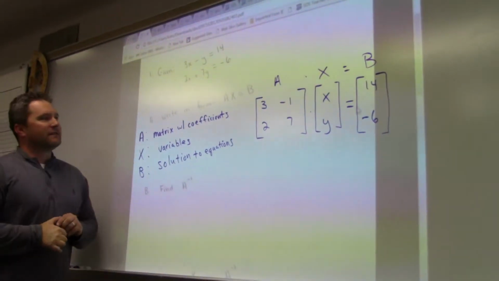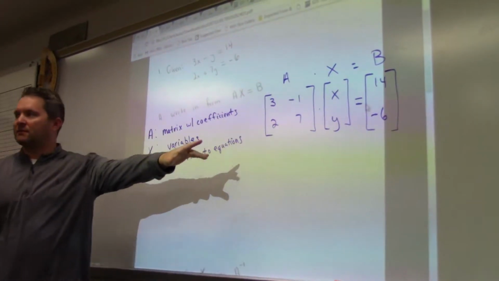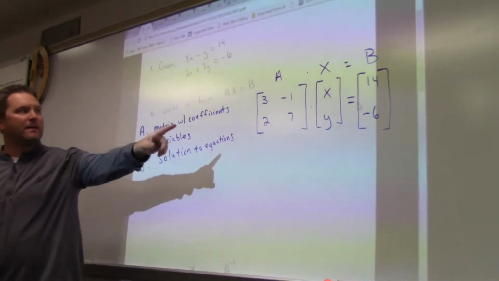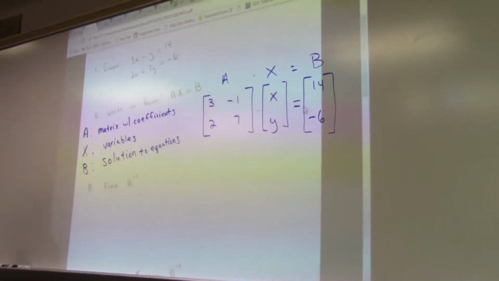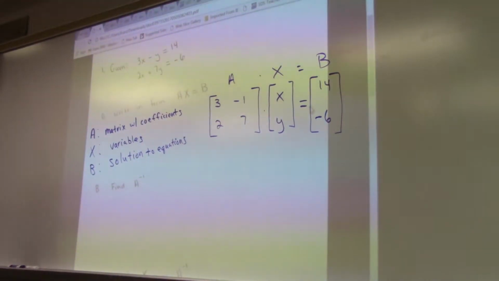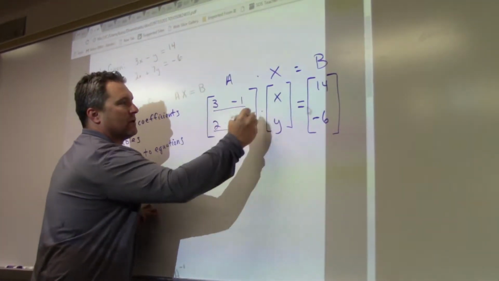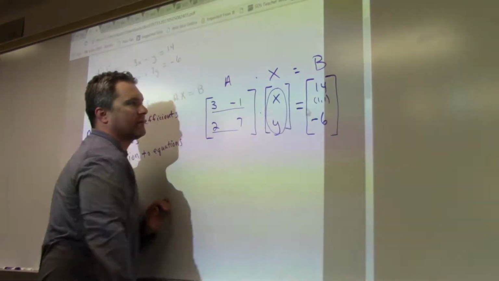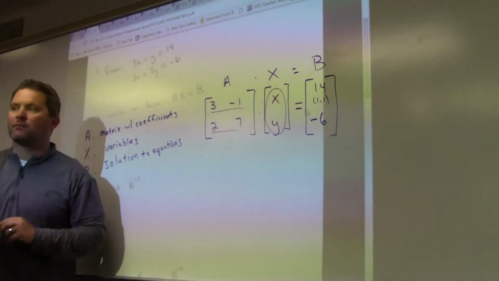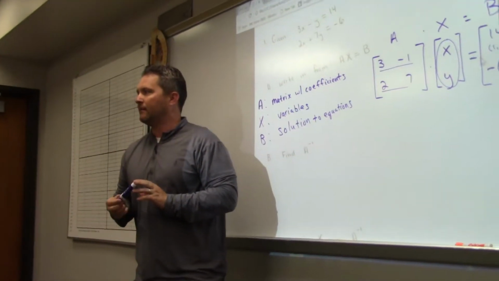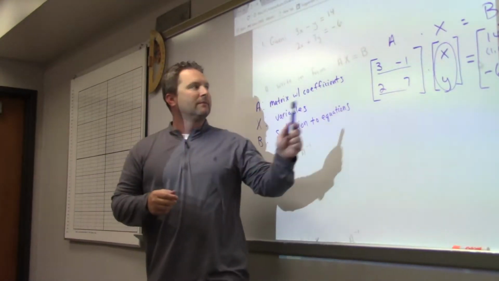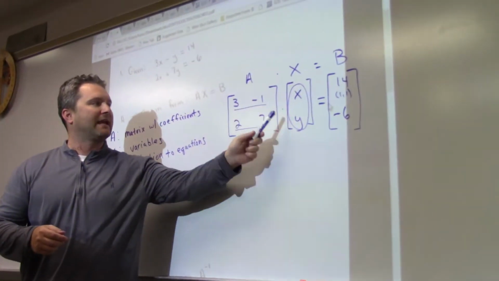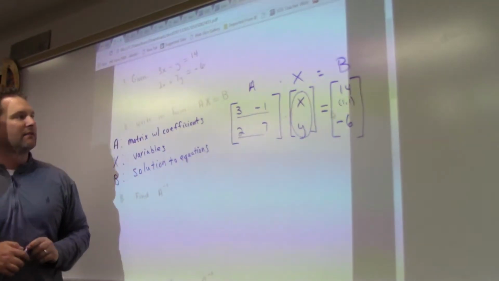Now, this seems weird that we would write this, right? But what are we doing to matrix A and X? Multiplying them, right? Take the rows of A, use the column of X, and to get the 1, 1 spot, what would that be if you did matrix multiplication? 3x plus -y equals what?